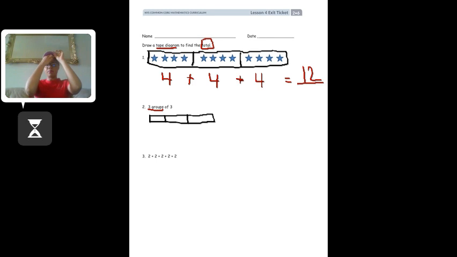Now, what number is going to go inside of each equal size group? Because our sentence statement says three groups of three. That's right. We're going to put three inside of each tape diagram. So I'm going to write 3 in the first group.